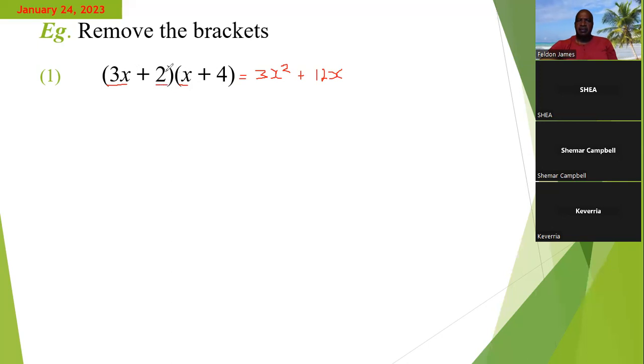So just to track what you were doing: the first part, 3x times x gives 3x squared, then 3x times 4 gives 12x, then 2 times x gets 2x. And then we're going to multiply the 2 and the 4, which would give us 8.